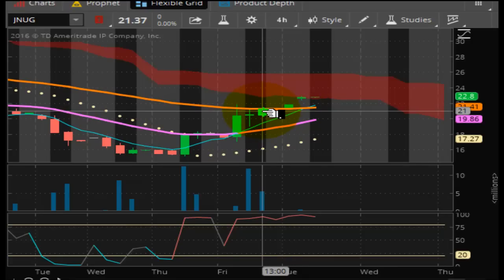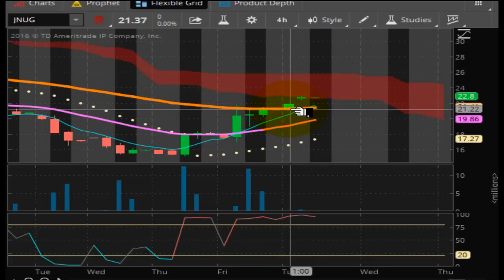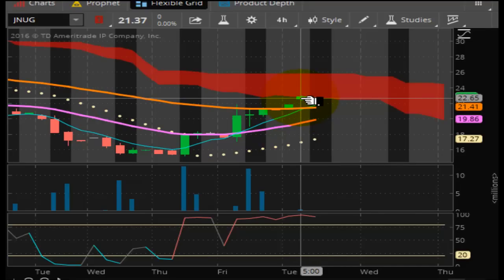So we closed at 21.19 and we opened today, looks like at 21.25 and gapped up to 22.64 and hit a high of 22.97. So it's looking like we got about $1 in here from the pulse wave. Let's take a look at that real quick.